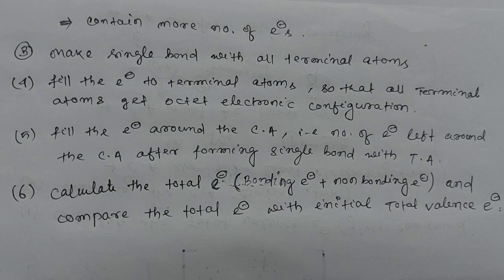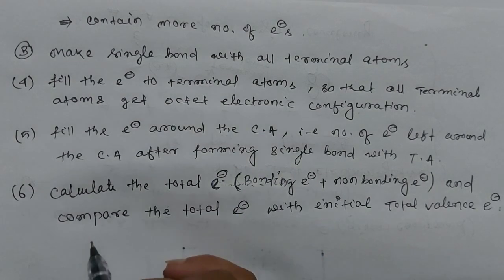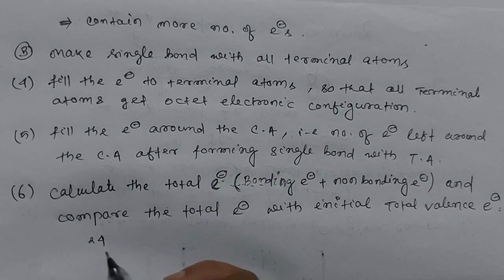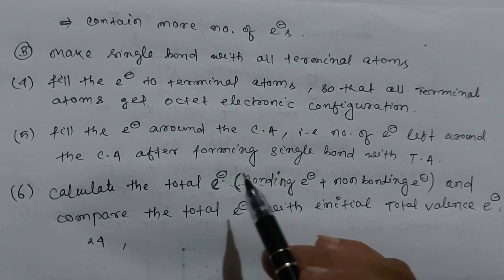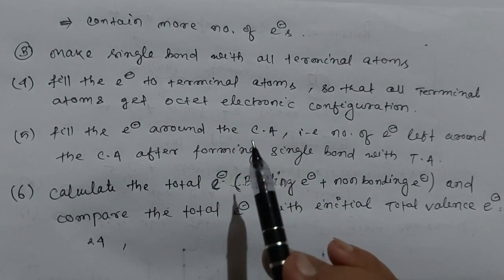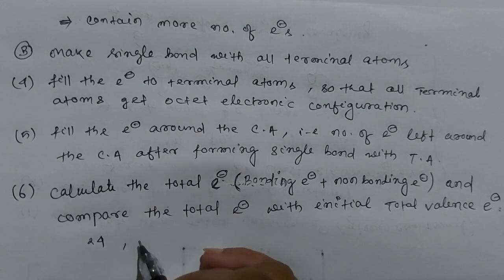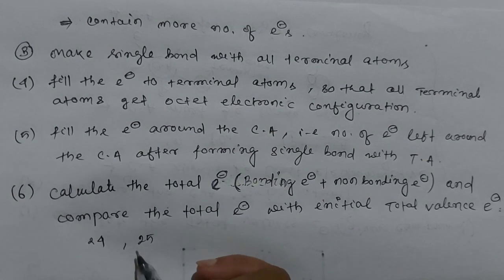step. Okay, so now if that total electron is exceeding the total valence electron, that means if we get the total valence electron, that is 24, and we calculate the total electron in this structure after arranging the electron around the central atom and the terminal atom, that is 25. That means it is exceeding, 1 electron is exceeding.